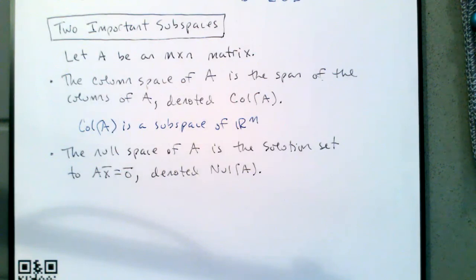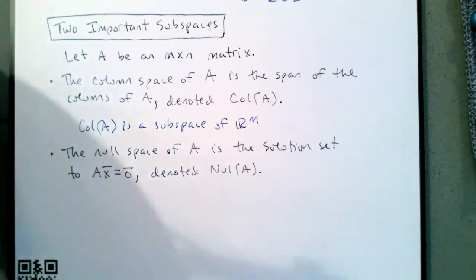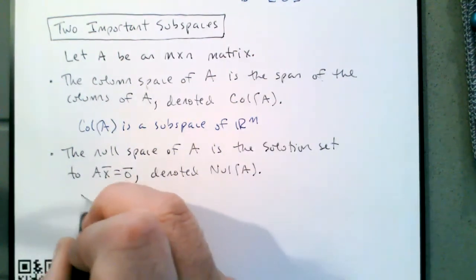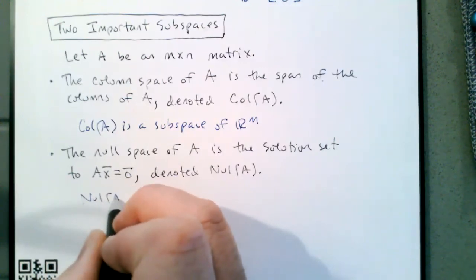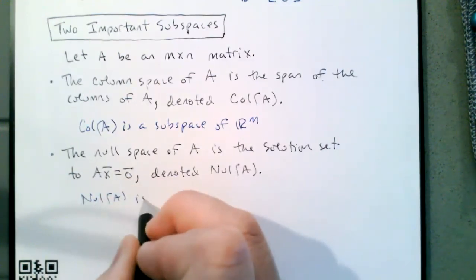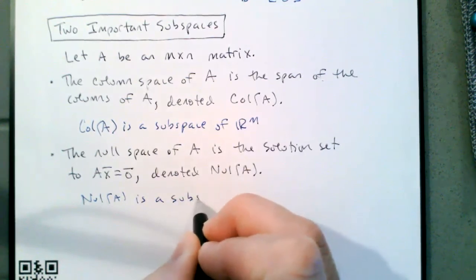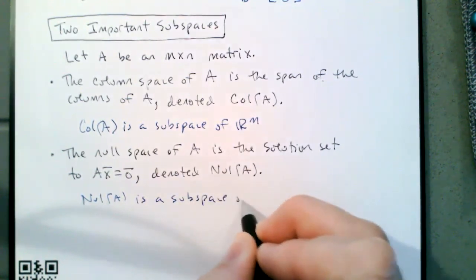We know that AX equals 0 must contain the 0 vector. So AX equals 0 is always consistent. And when we write the general solution, we'll have a bunch of vectors defined by any free variables that are available. The null space of A is a subspace of Rn.